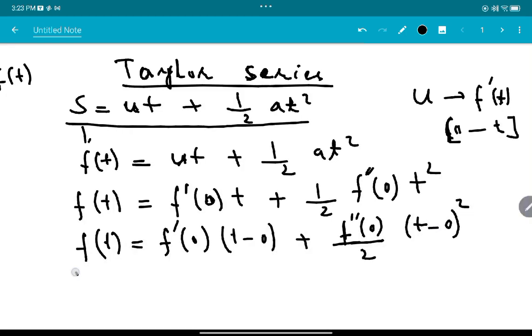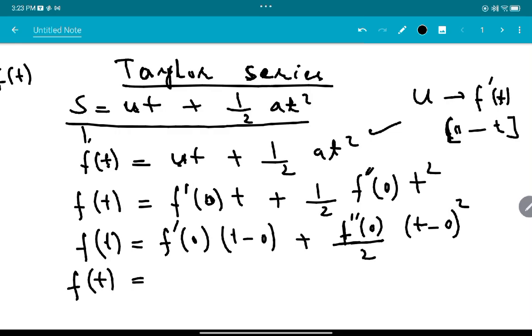One more thing lastly: there is no term here that would describe the value of the distance traveled at 0 time. While deriving this equation, we assumed that the body has not covered any distance up to t equal to 0. It simply means that we start counting distance from 0 time. So whatever distance the body might have traveled before 0 time, we ignore that.